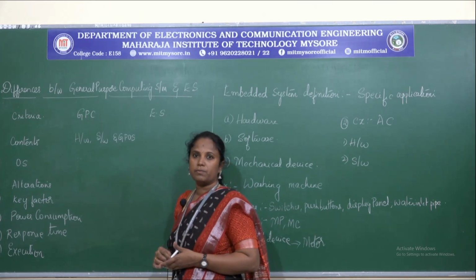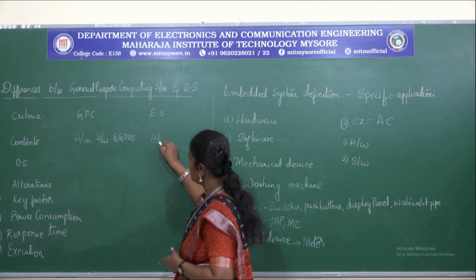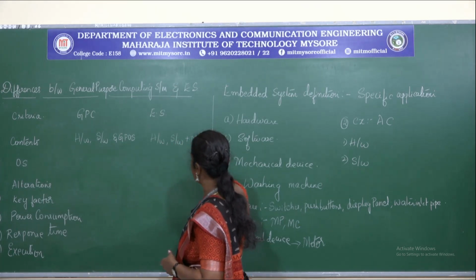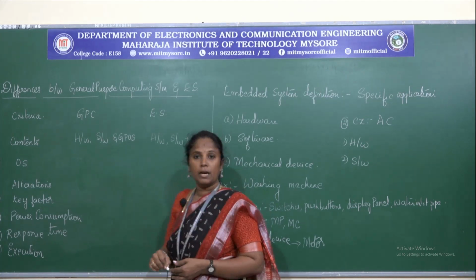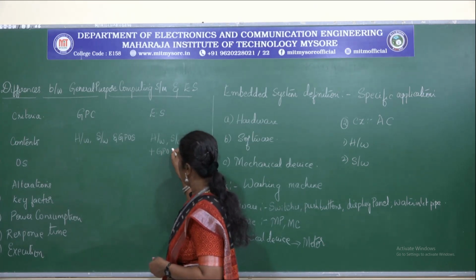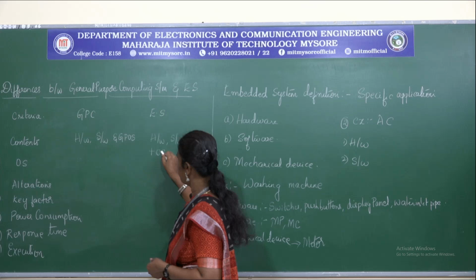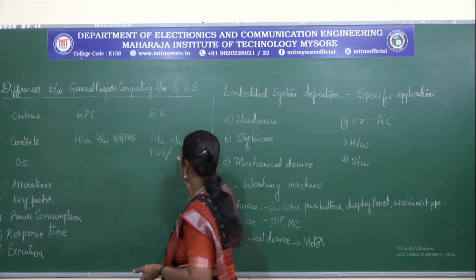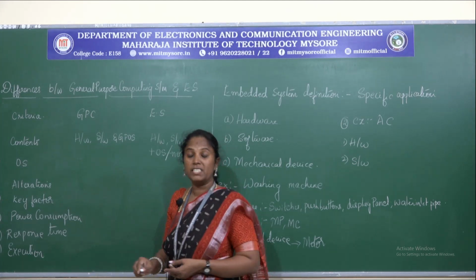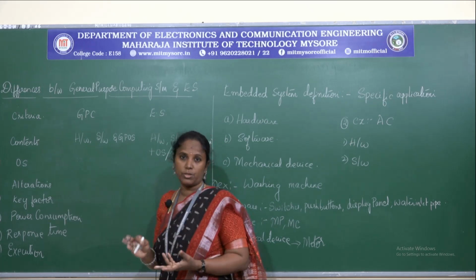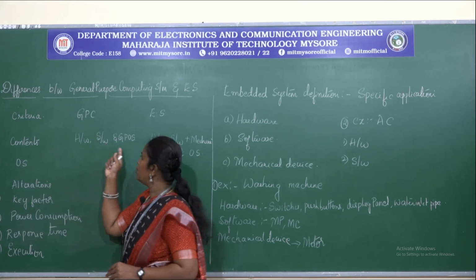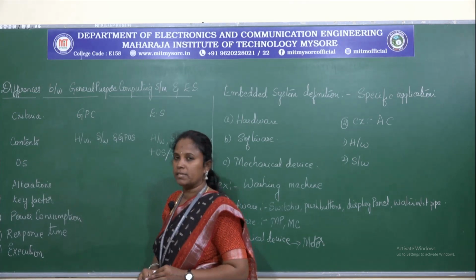Coming to an embedded system, it consists of hardware, software plus a mechanical component, plus an operating system, or in some cases it might not have an operating system. It is not mandatory that your embedded system should consist of an operating system. But every general purpose computing system will have a general purpose operating system.